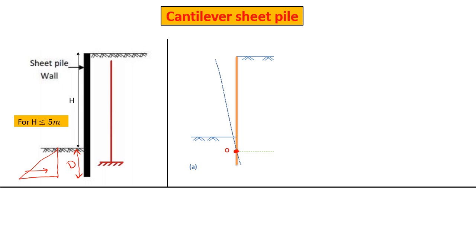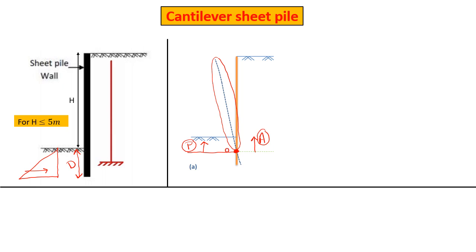So here, as you see, this part of the flexible sheet pile moves away from the soil on your right hand side. So here I have active earth pressures acting on my retaining wall. However, on the left hand side, the wall is moving towards the left. So here I have passive earth pressures acting on the retaining wall.